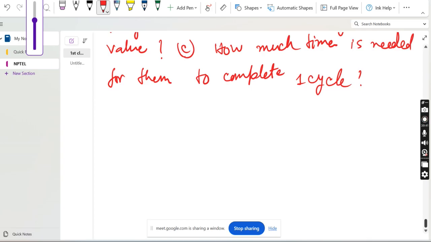So this question might look like a very lengthy question, but basically it's a very simple question.